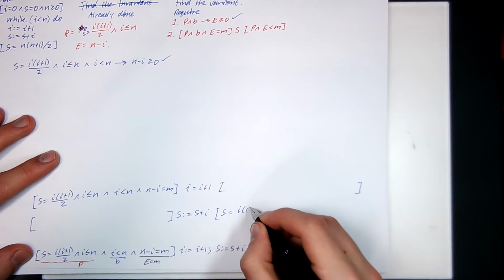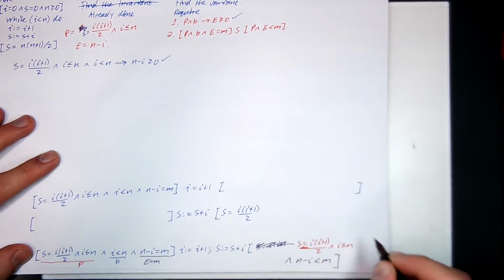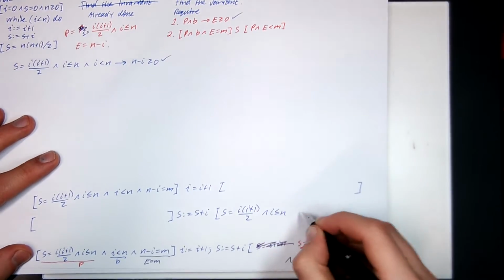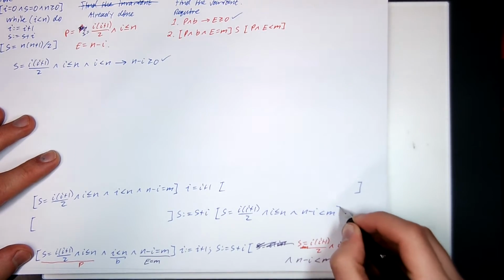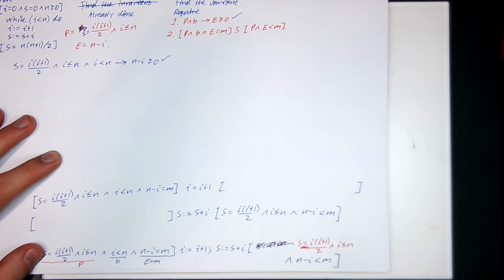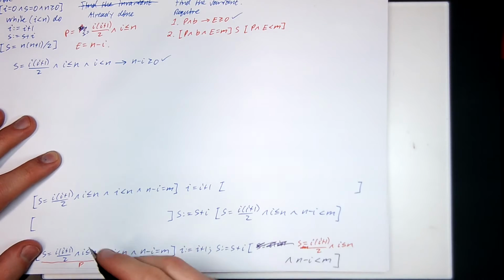S is equal to I times I plus 1 on 2, and I is less than or equal to n, and n take I strictly less than m. Alright? Yada yada yada, do assignment backwards.